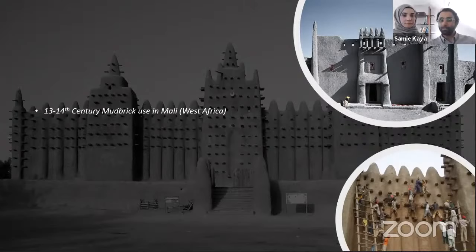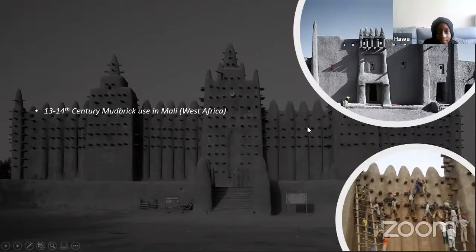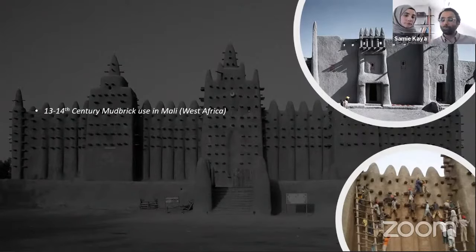The community comes together and they make the walls of this mosque every year. Every year, everybody comes together and repairs the mosque. Think that you're in a neighborhood, you have all your neighbors, and at a certain time in the year, you all come together and repair your mosque with your neighbors.